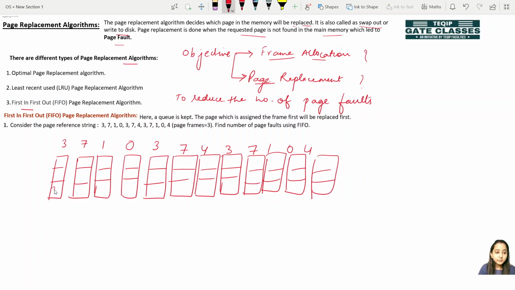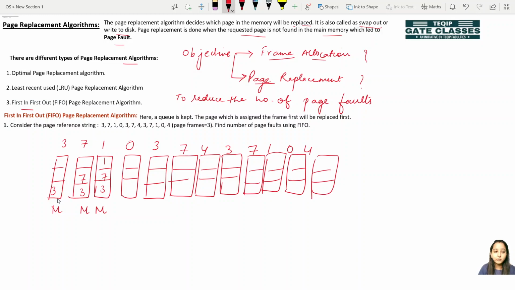Let me insert page number 3, then 7, then 1. Here also page fault occurs, because we have to add a page in the frame as it is not initially present, so that is called a page fault.